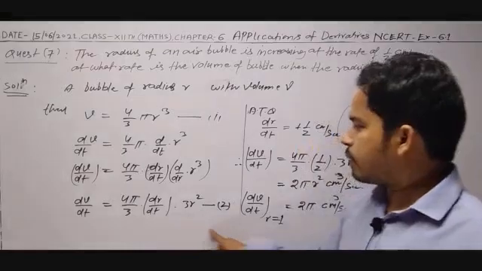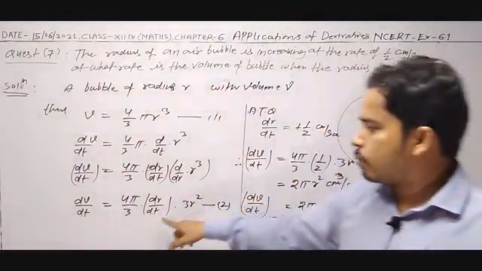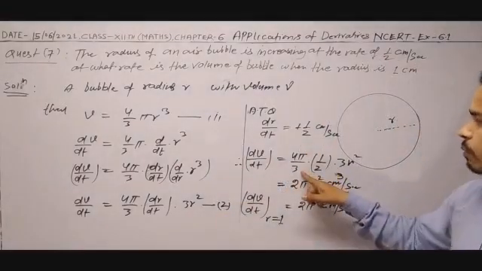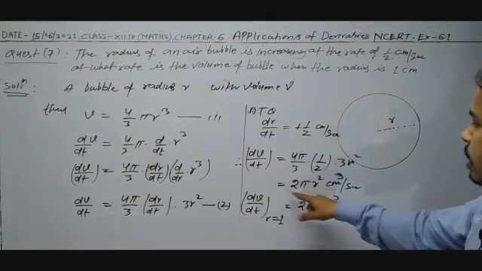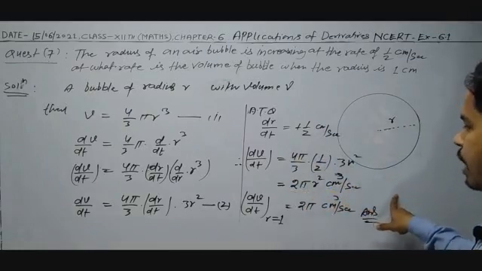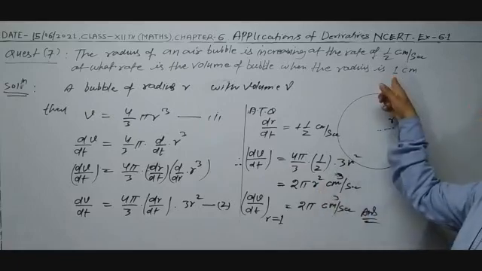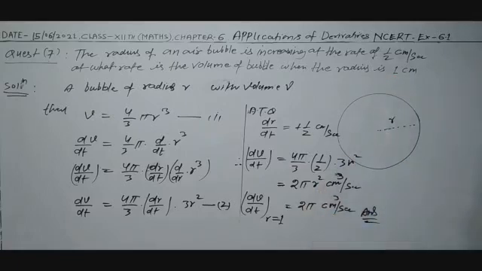Put dr upon dt as 1/2, so you get 4 pi by 3 into 1/2 into 3r square, and after calculation 2 pi r square cubic centimeter per second. With r equal to 1, the result is 2 pi centimeter cube per second. So this is the answer.